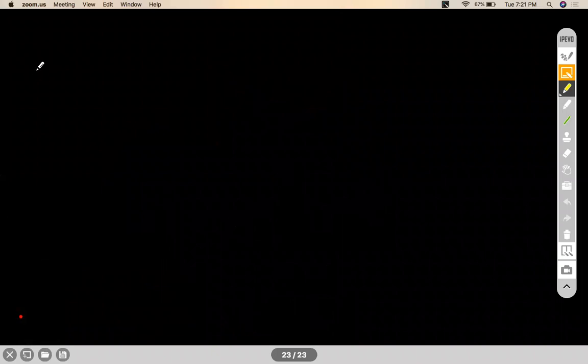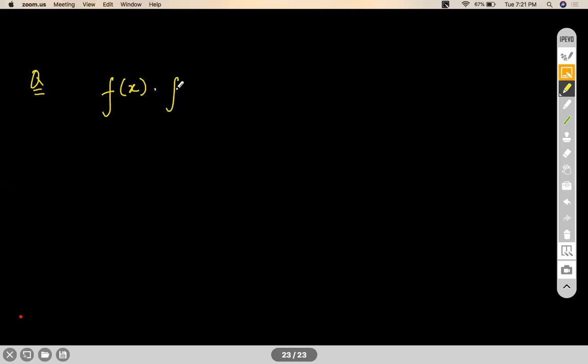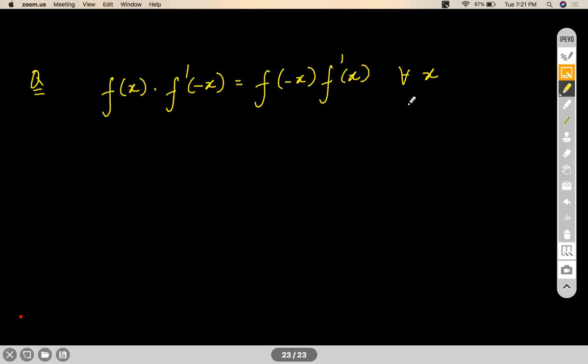Okay. Next question is, there is a function f of x which satisfies f of x times f dash of minus x is equal to f of minus x times f dash of x, for all x belonging to the domain, and it is also given that f of 0 is 3.